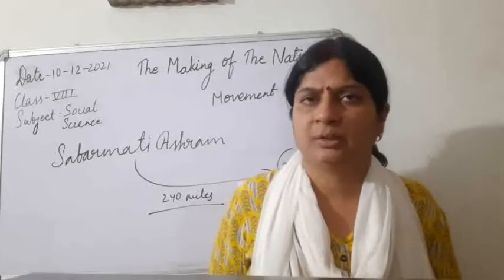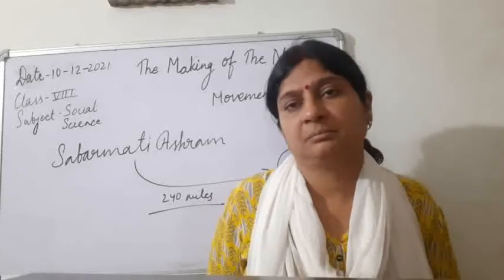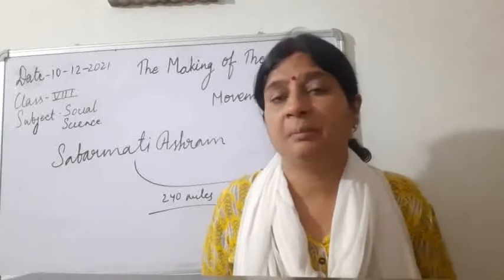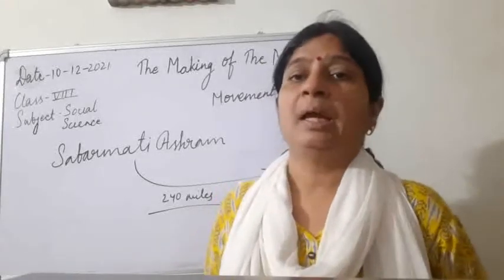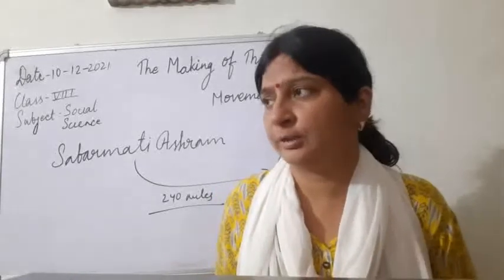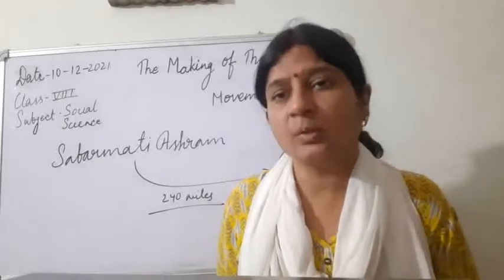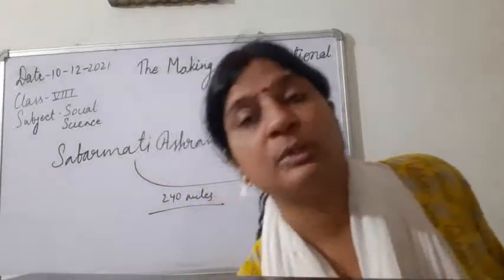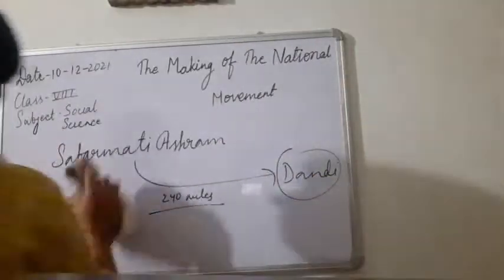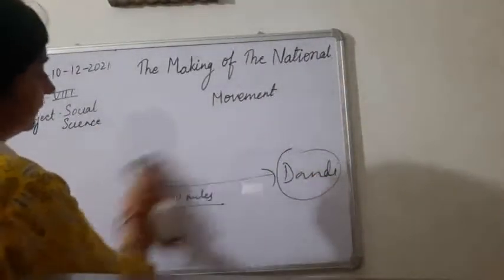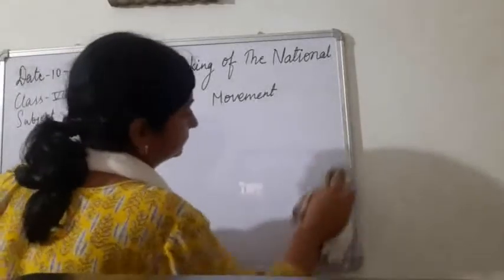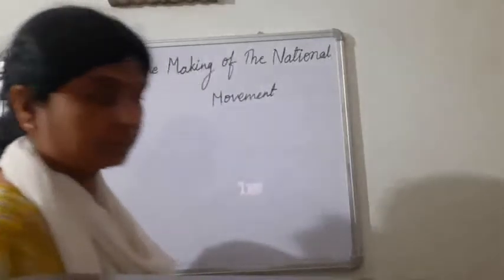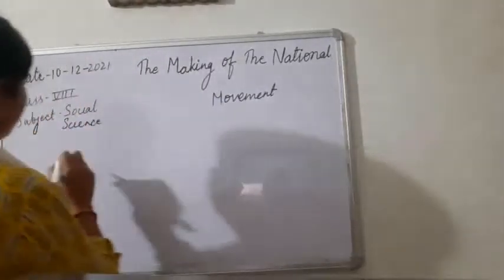And we see that these were the efforts done by people, and the result, we can say the consequence, of this civil disobedience movement was the passing of the Government of India Act of 1935. Consequence मतलब result, है ना?